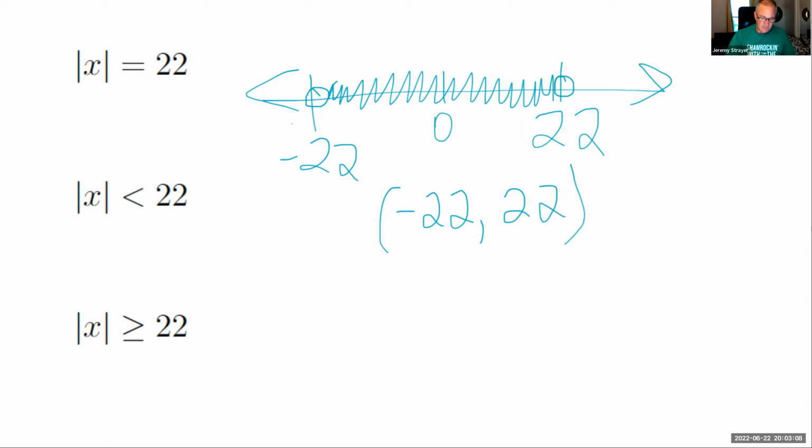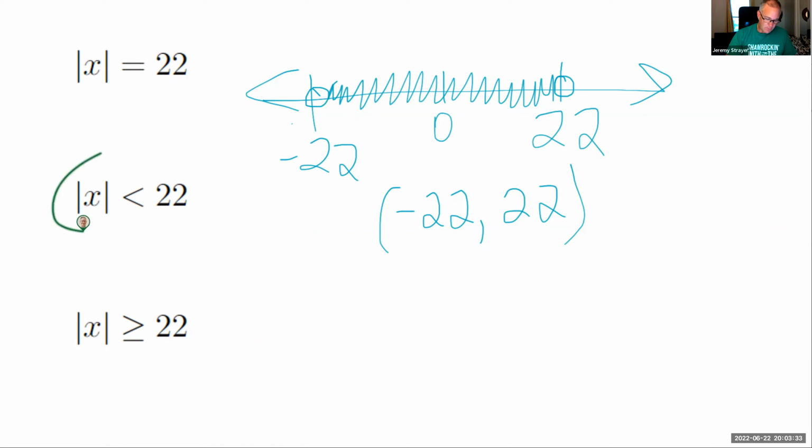If we know that this is interval notation, then this is saying that x can be any number in between negative 22 and positive 22. So it could be like 1.79843. It can go all the way up to 21.999782. Any number up to a positive 22 and down to a negative 22 will work for a situation like this.